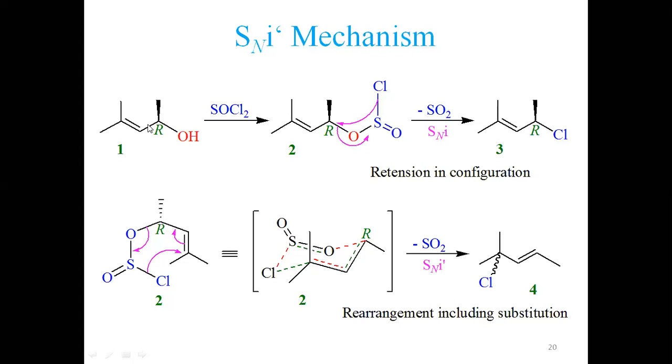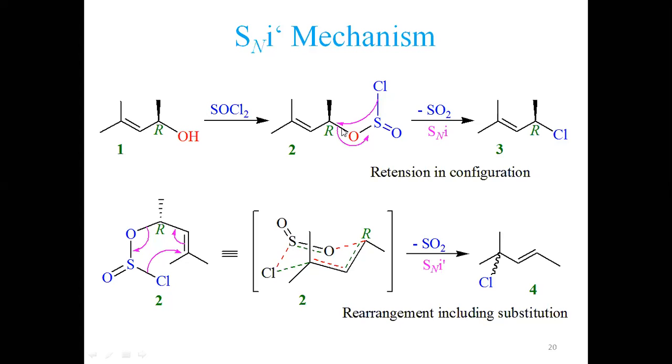But when we have a substrate like this, with an sp3 hybridized carbon next to an olefinic bond, in that case not only is SNi undergoing, but it may be competing with SNi prime.